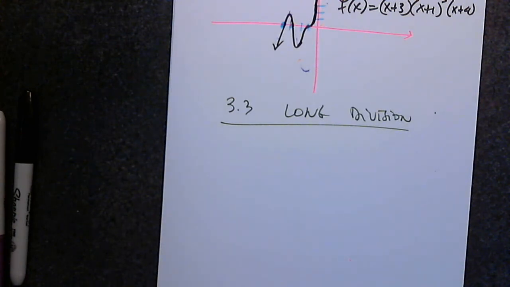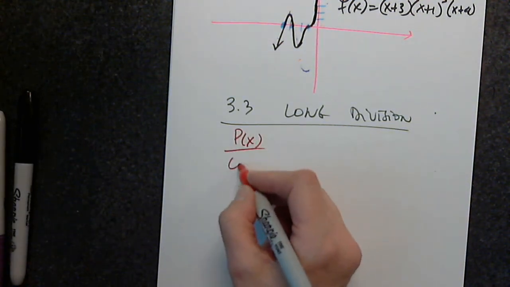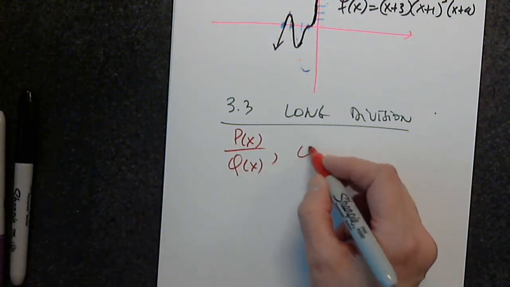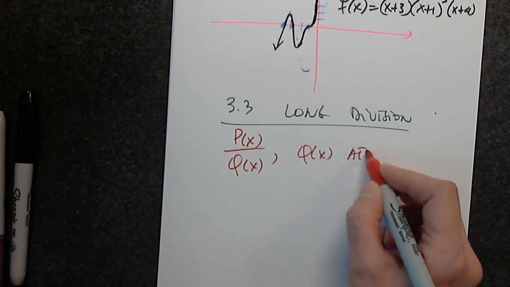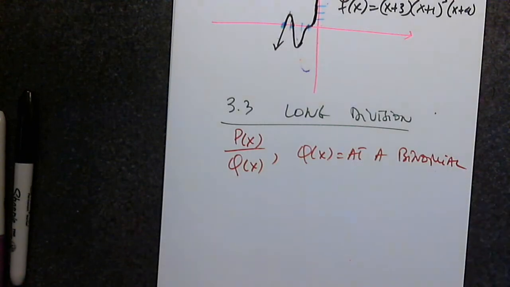Synthetic division is not always applicable. The long division is always applicable as long as the denominator has at least 2 terms. So P of x divided by Q of x, and Q of x at least a binomial. Not a monomial.